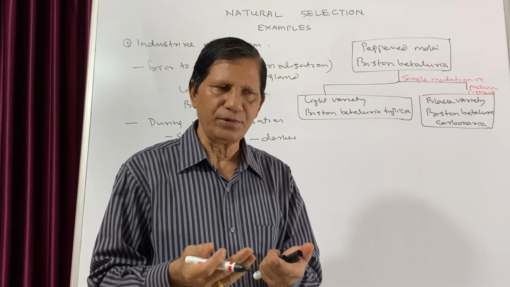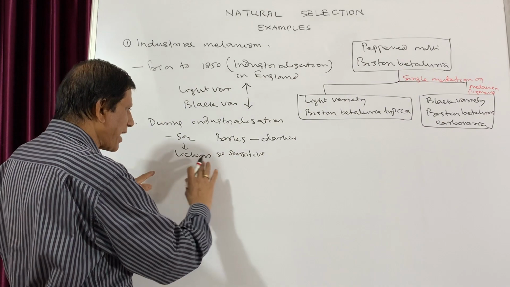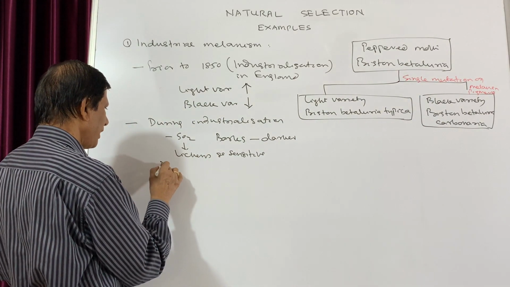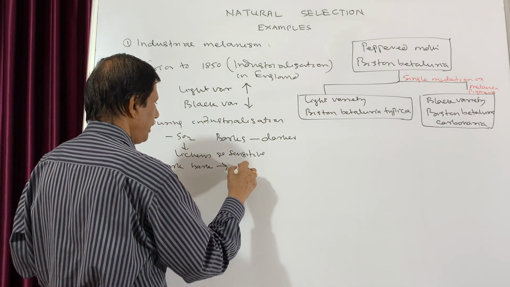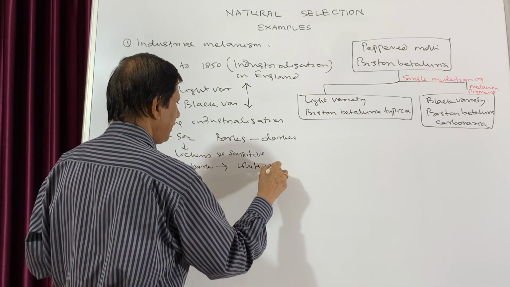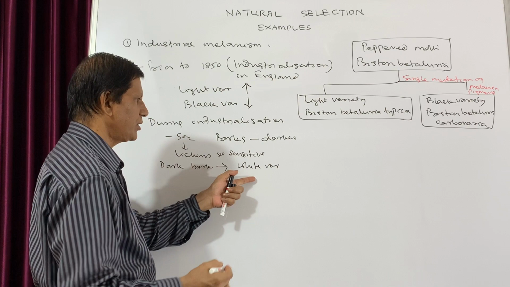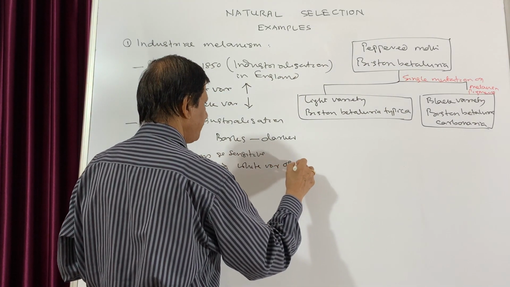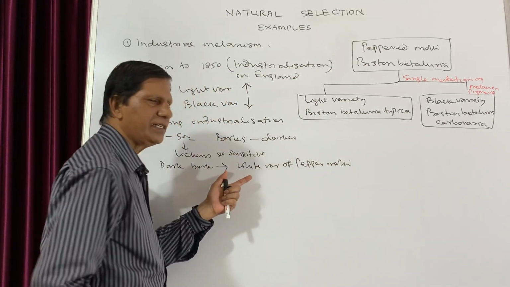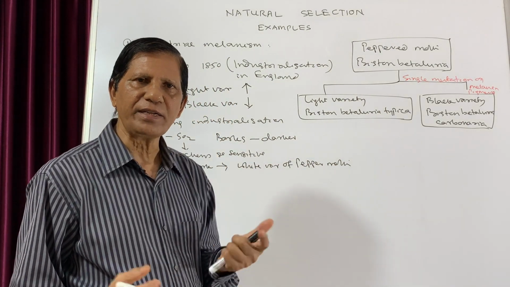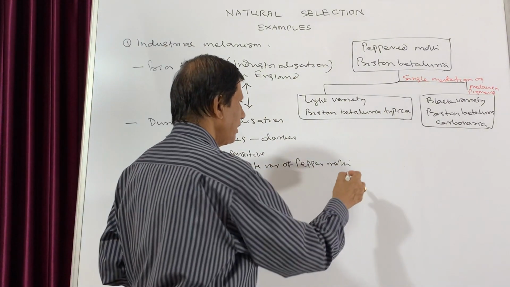Now on the dark bark, the white variety of peppered moth was easily detected by predators. So naturally their number decreased.